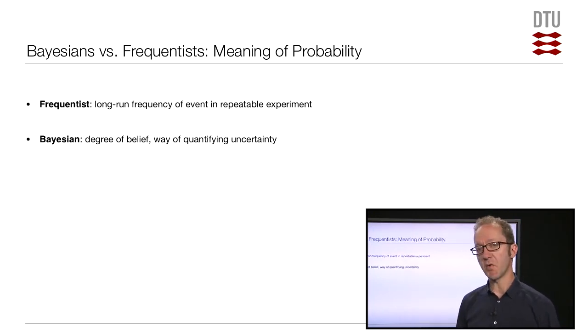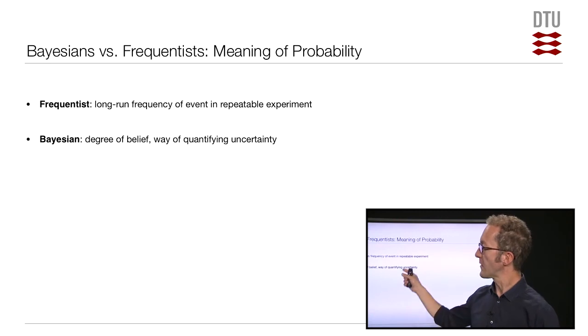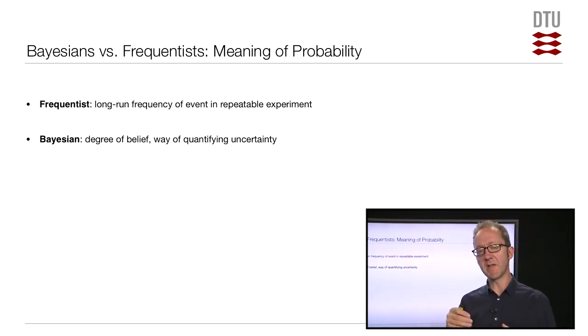The so-called frequentist interpretation, the classical interpretation, what you were probably taught in school, is that a probability is seen as the long-run frequency of some event in an experiment that you can repeat. So for instance, if you flip a coin 1,000,000 times, then the frequency of heads will be the true probability, or at least an approximation of the true probability that this coin will come up heads.